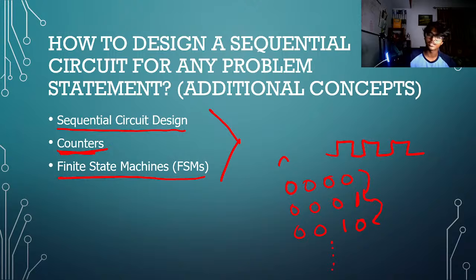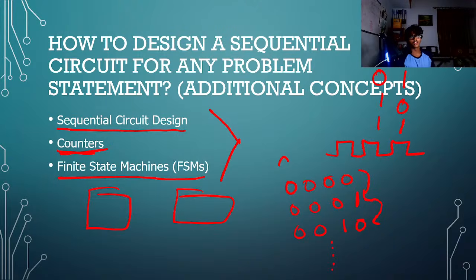So let's say you have two D flip flops. Then you have four unique states that the circuit can be in: 00, 01, 10, and 11. These are your four states of Q. That is how a finite state machine is defined.